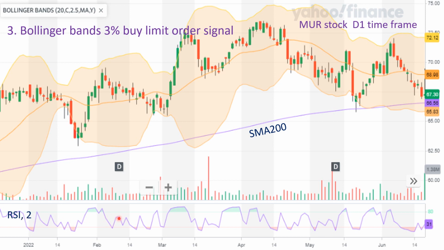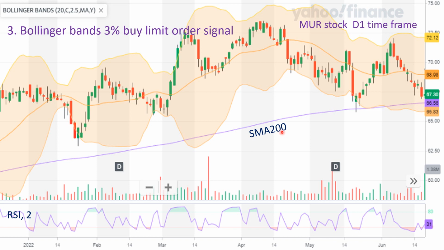To enter the trade, these conditions must be met. The first condition is the trend must be in uptrend direction, or the price must be above the 200 SMA, which it is. So the price is trending nicely upward and above the 200 SMA.